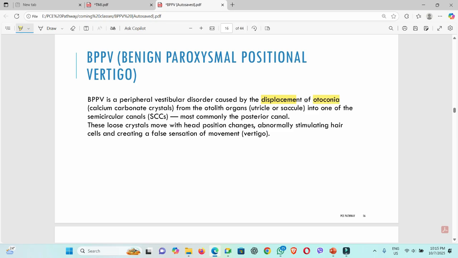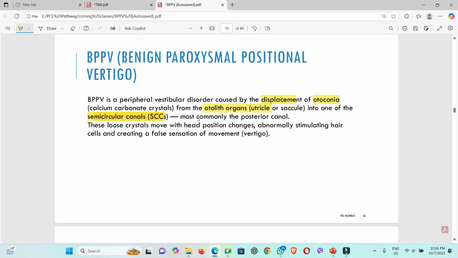They were just lying on the top of that structure, from the otolith organ, utricle or saccule, into one of the semicircular canals. Most commonly, they are displaced to the posterior canal.